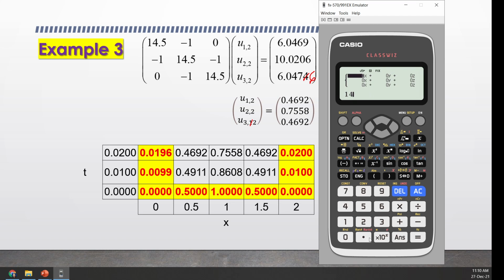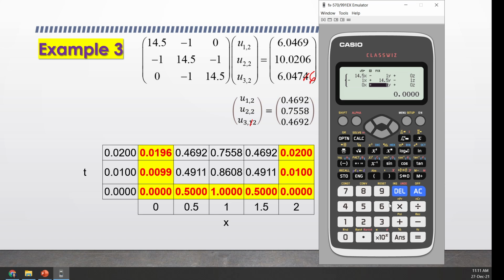You have 14.5, negative 1, 0, 6.0469. The second equation, negative 1, 14.5, negative 1, 10.0206.